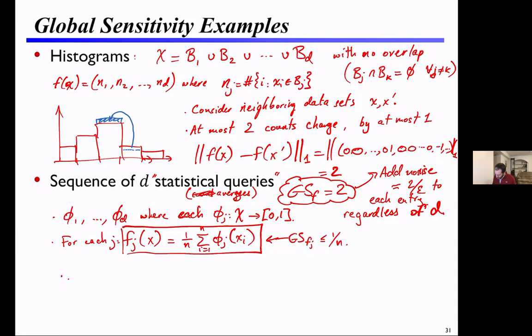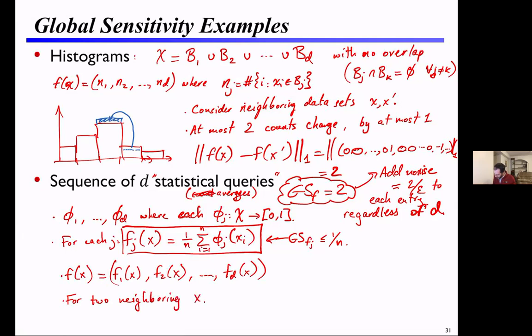But what I'm interested in is releasing all d of these: f 1 of x, f 2 of x, up to f d of x. And now the global sensitivity of this, for two neighboring data sets x and x prime, is f of x minus f of x prime.